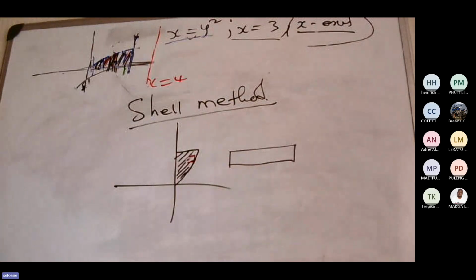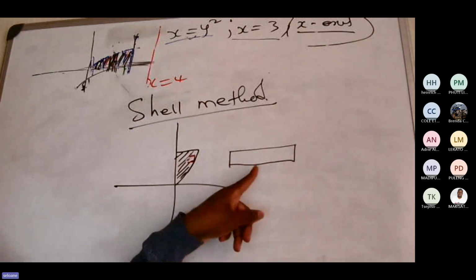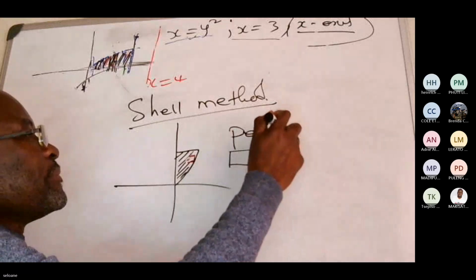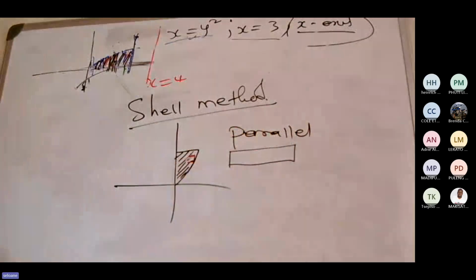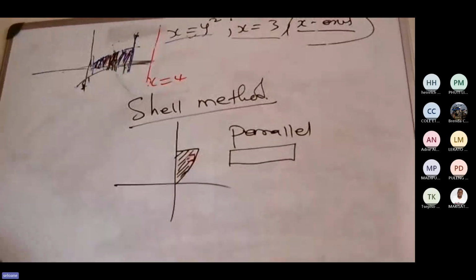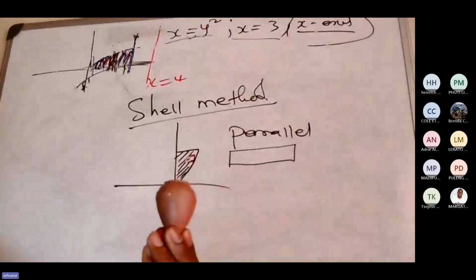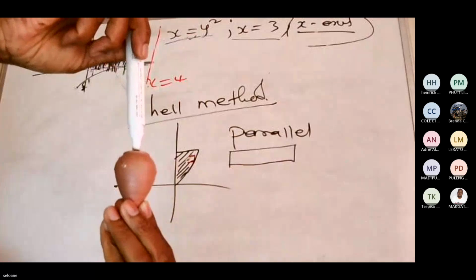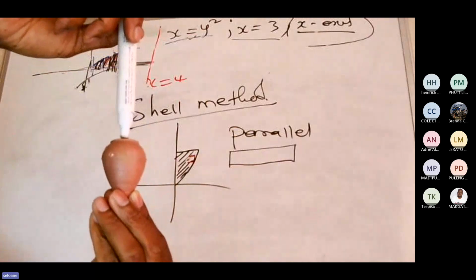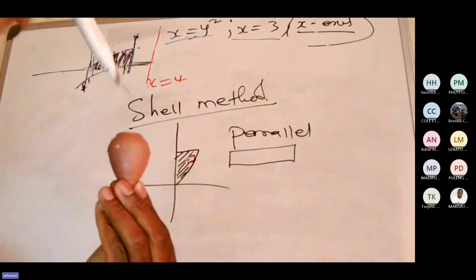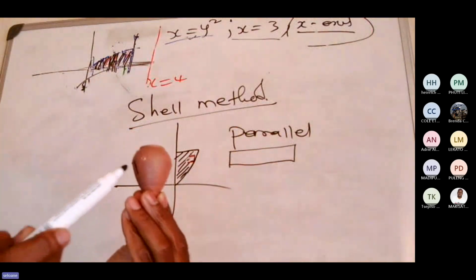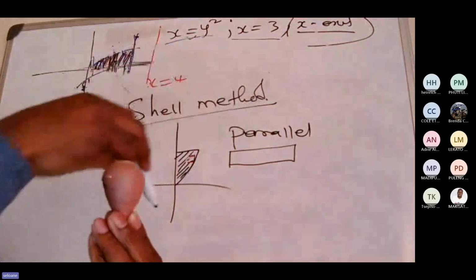With the disc, you cut perpendicular to the center. Now, what about your rectangles? You cut them parallel to the center. So if it is like this, what is the center? The center is a vertical line. So how do you start cutting? Because the center is a vertical line, you start cutting vertically, then a bit here so that you can pull.